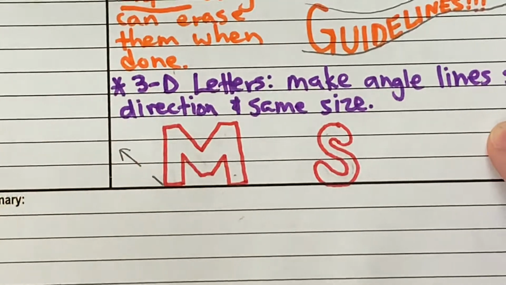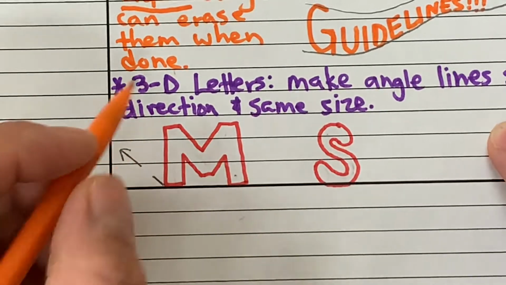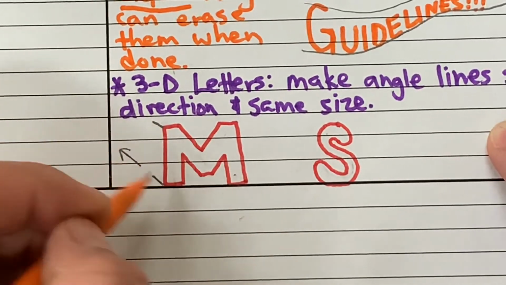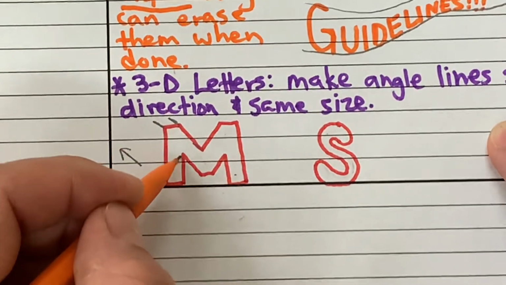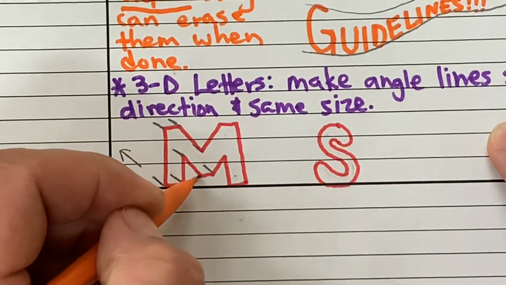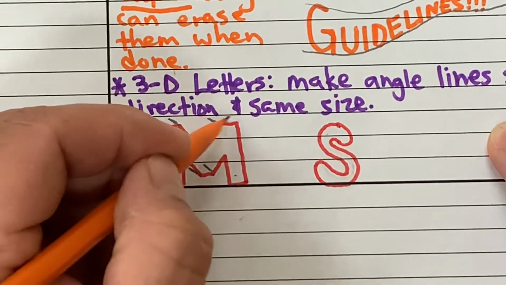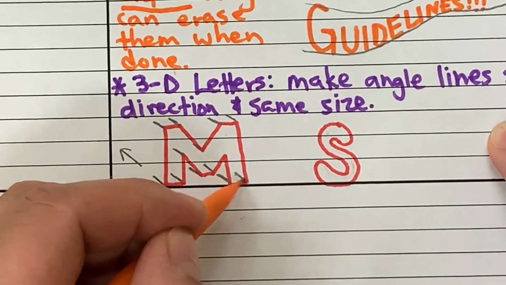And that's how thick I want the 3D effect to be. And now, I'm just gonna pick the corners and I'm gonna try to match that first angle line I did. And any corner I have, I'm gonna draw an angle line. Trying to match the original one I did.